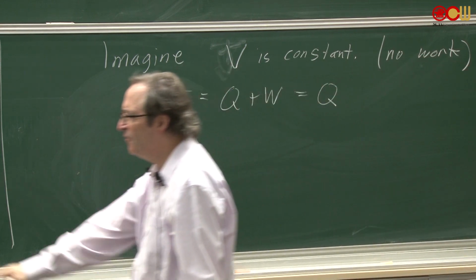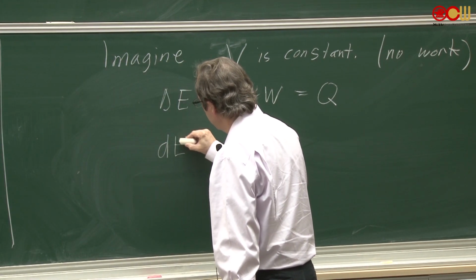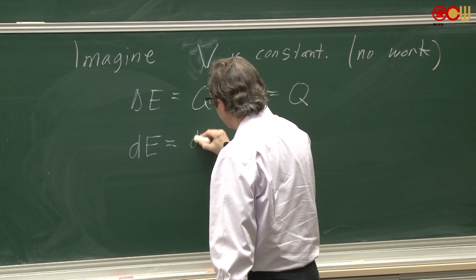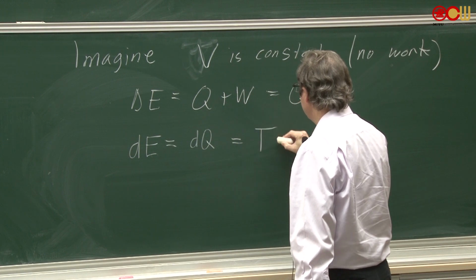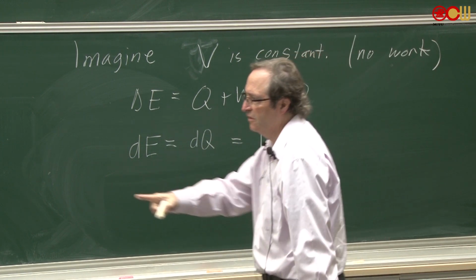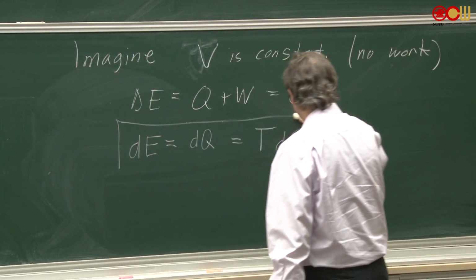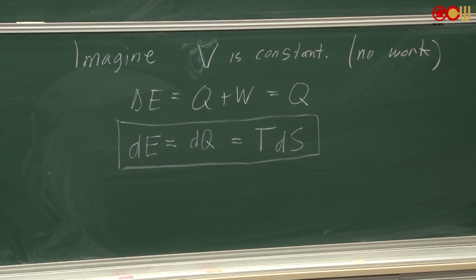But now I can see from this that if I have a little change in E, it's going to equal this little q, and I'm going to make it a dq because it's little, and that's equal to T dS, just from this. So this little dE is dq equals T dS. So this is another very useful formula. Very useful. All right.